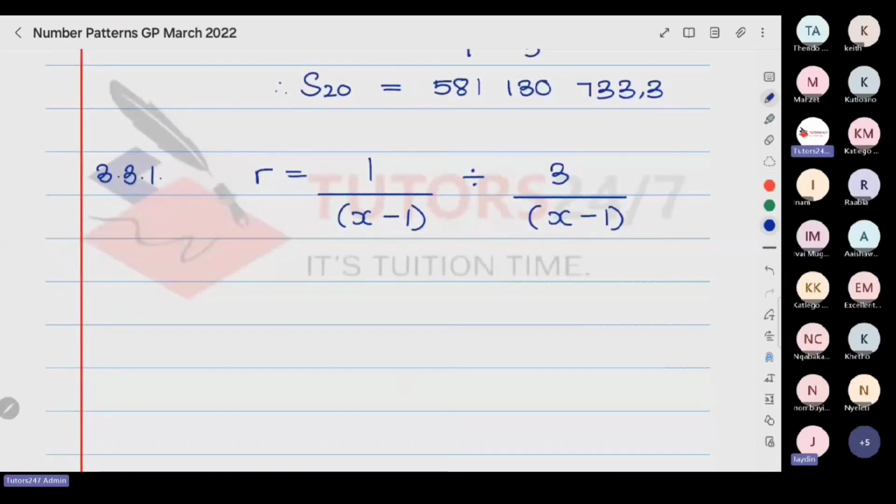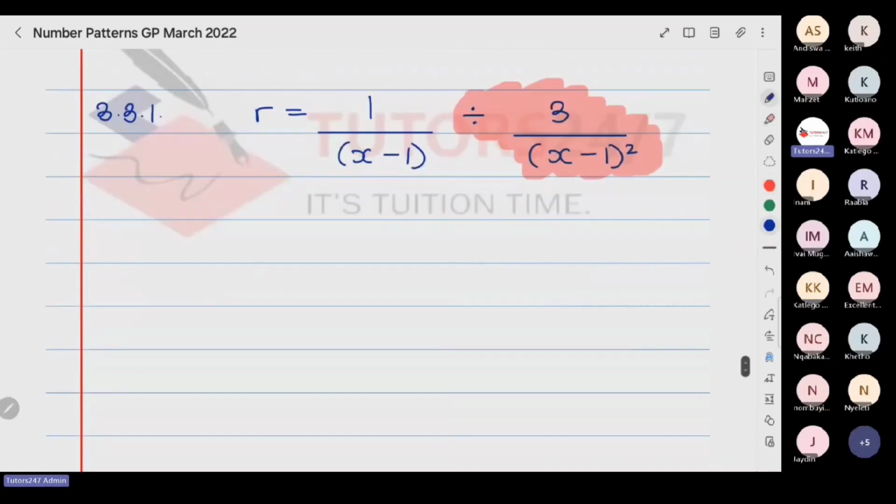From here, all we are going to do is turn that division sign into a multiplication sign. In order to do that, please take note that you flip the fraction after the sign. I've seen multiple people flip the first fraction. You need to flip the fraction that comes after the sign, okay? So we're going to flip 3/(x minus 1)squared.